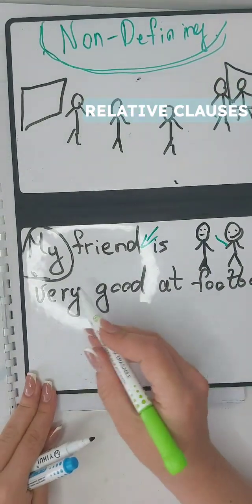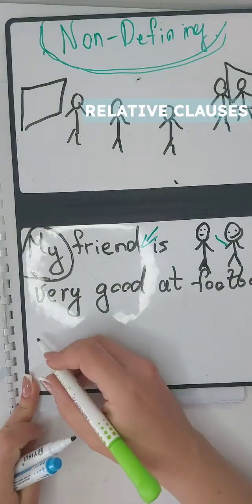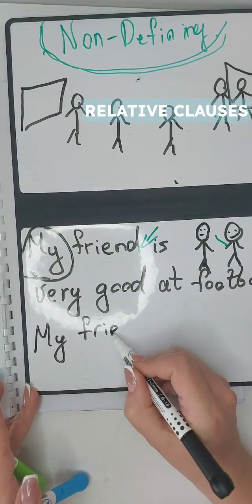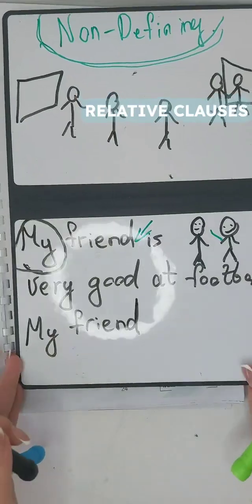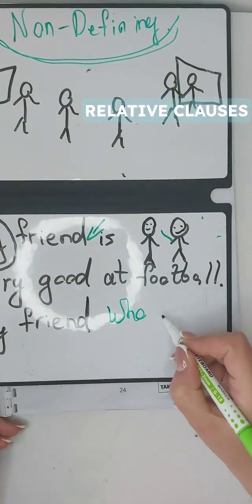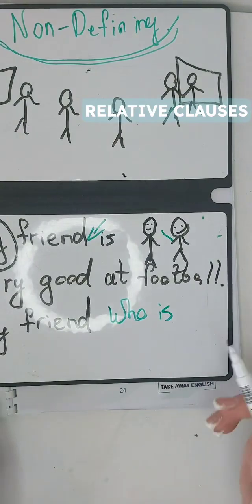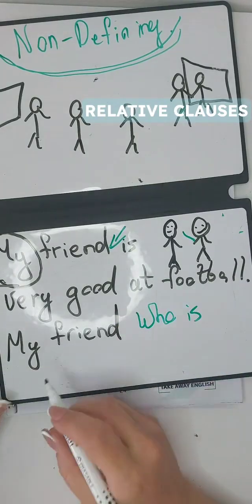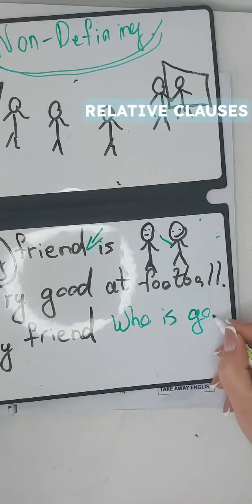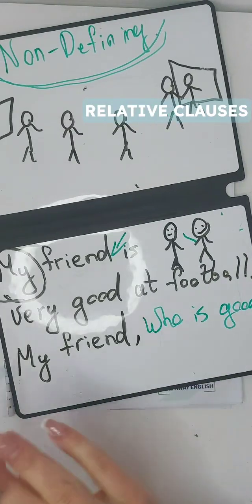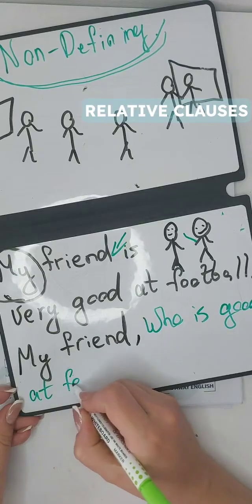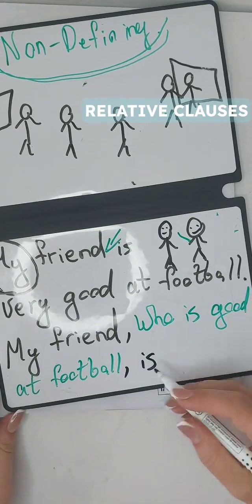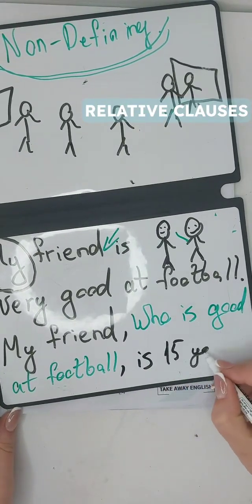So we can say, my friend, who is, for example, good at football, who is good, we need commas here, who is good at football, is 15 years old.